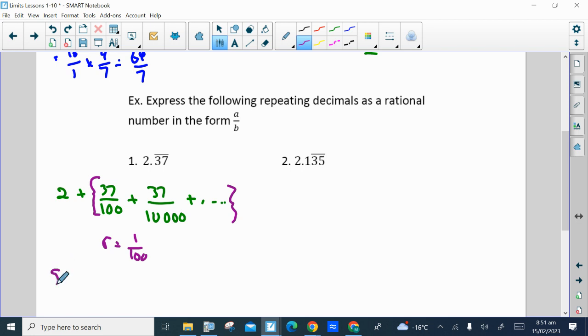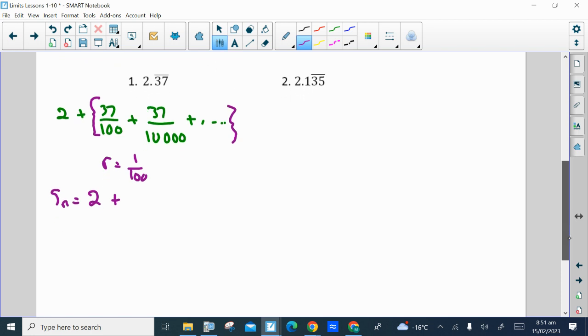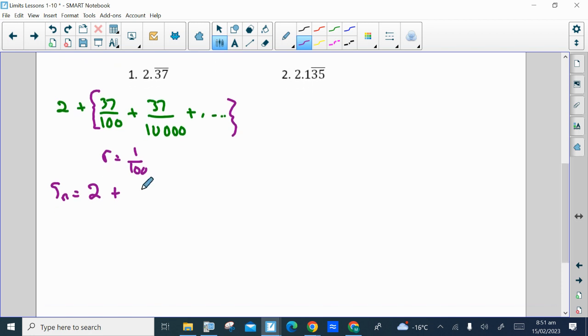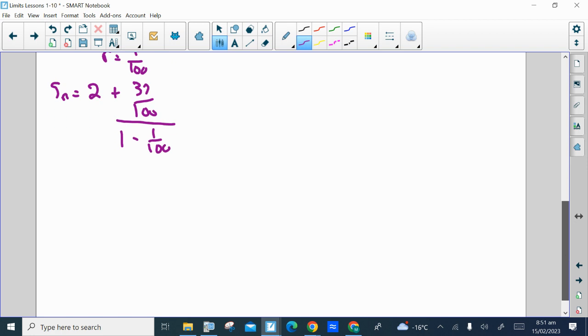So our sum will be found by taking the 2 at the start plus, and then we have to use our formula for an infinite geometric series, which is a, the first term, 37 over 100, divided by 1 minus r, which is 1 over 100. So this will be 2 plus 37 over 100.